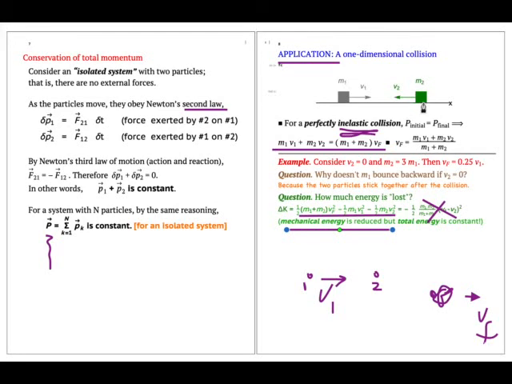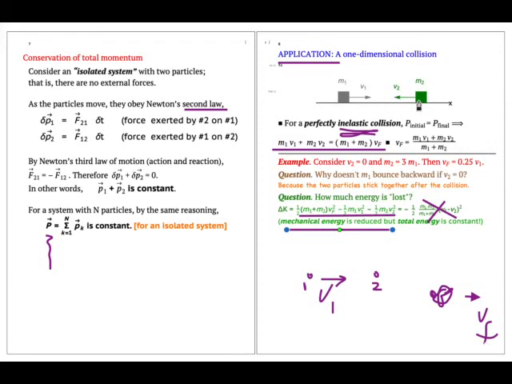Well, for example, suppose these two are two pieces of metal and they crunch each other together and they're crushed.